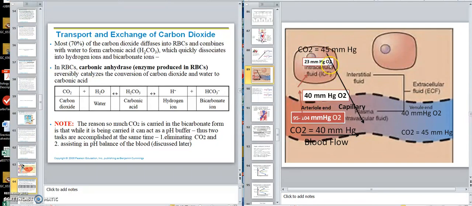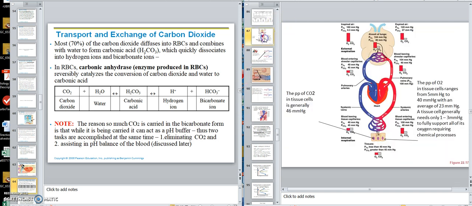So if I come here, then I'm going to push a 45 into a 40. When I push that 45 into a 40, then I leave and it's a 45 here going back to the heart. So let's go up here to look at it. So here's the tissue cell. The tissue cell had it as a 45.